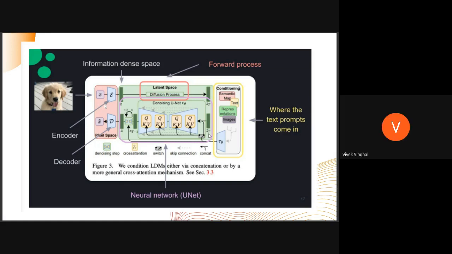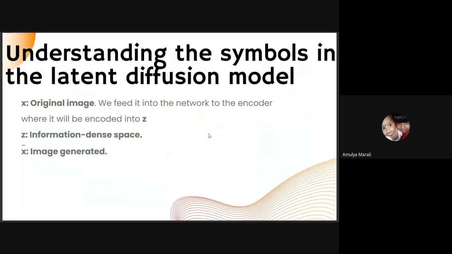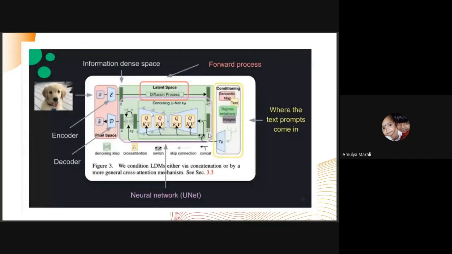Coming to understanding the symbols that I already explained before, X, Z, and X bar. X bar is, by the way, the image that gets generated from the whole process after reverse diffusion. So you can see this block, the yellow one, where the text prompts come into the picture.